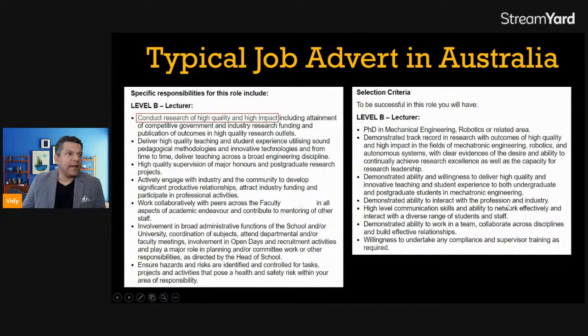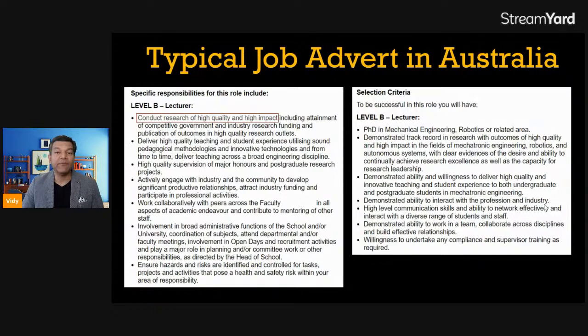Demonstrated ability to interact with the profession and industry. I have talked about networking quite a lot, and this is an example of why networking is important. If you are doing your PhD and nobody knows you in your industry, in your professional circle, I think that is a very big no for you.